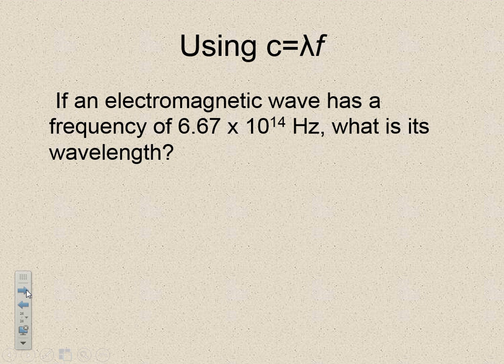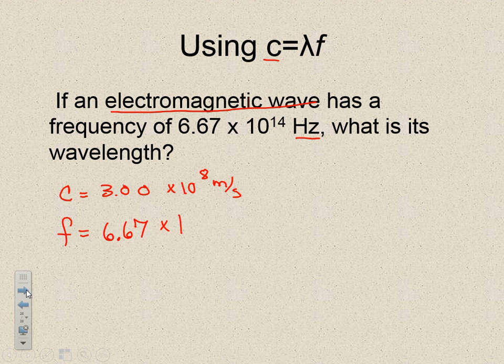So electromagnetic wave, you know that C is equal to 3 times 10 to the 8th meters per second. Frequency is the one that ends in hertz. It's a big number, so you're always going to have a power of 10 to work with, 10 to the 14th hertz. Remember, a hertz is a per second, and we want to know the wavelength. So we're going to end up with meters for our units.